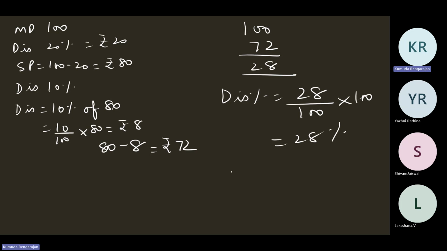So getting a flat discount of 28% is equal to getting successive discounts of 20% and 10%. This 20% and then 10%, the price was reduced to 72. But if you take a flat discount of 28%, then also the selling price would have been 72. So a straight discount of 28% is equal to 2 successive discounts of 20% and 10%.